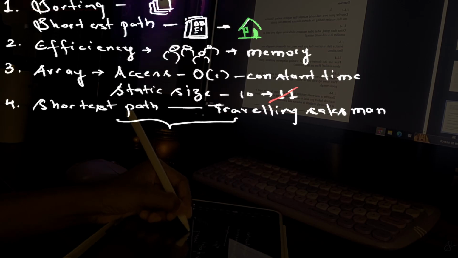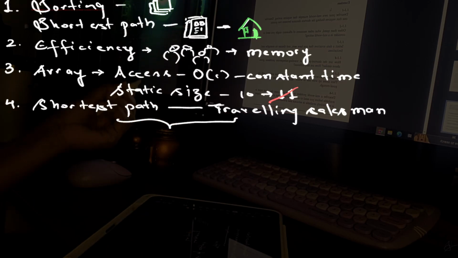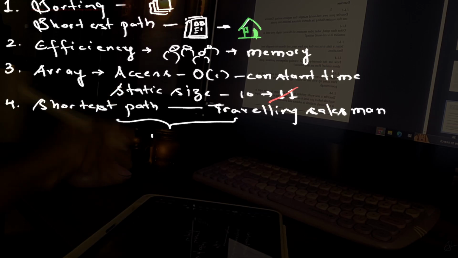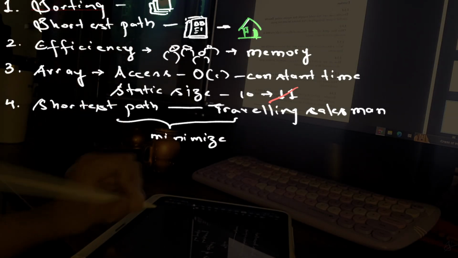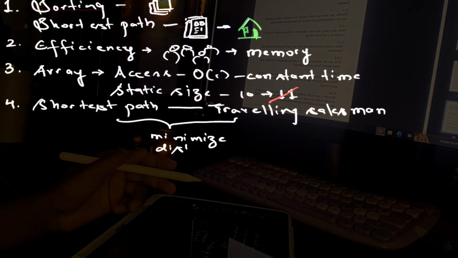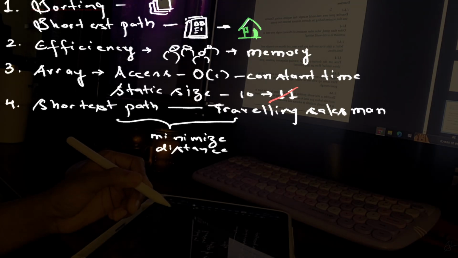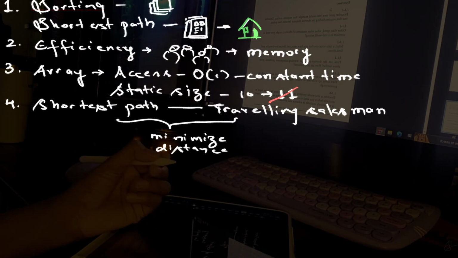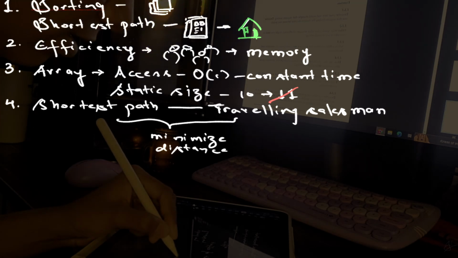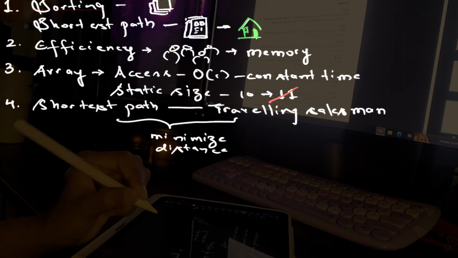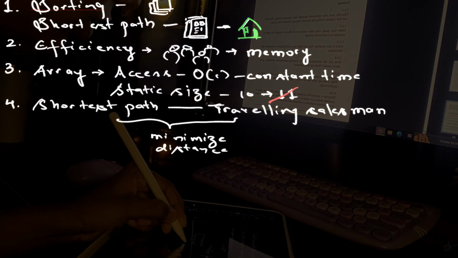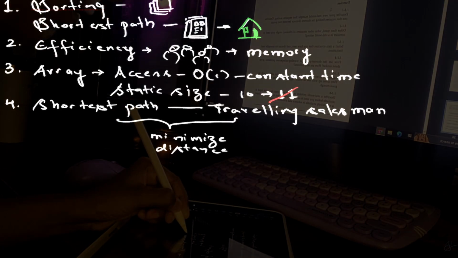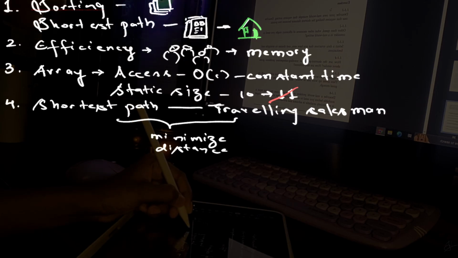They're similar because we have to minimize the distance. In shortest path also we try to minimize the distance. And how are they different? Shortest path is trying to minimize the distance between the 2 points, and traveling salesman is trying to minimize the overall distance.